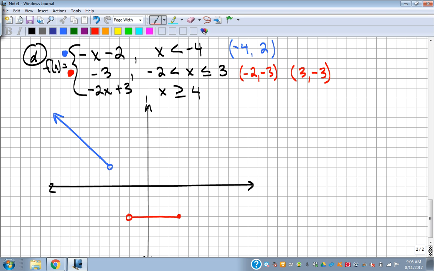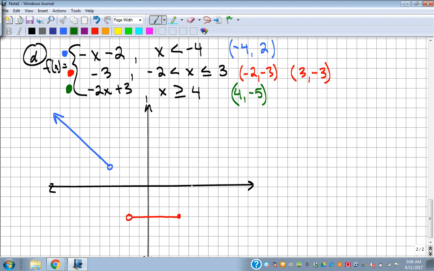And what do we do on the next piece? Plug in 4. Good, good. That's right, JP. Plug in 4. 4 times negative 2 is negative 8 plus 3 would be negative 5.